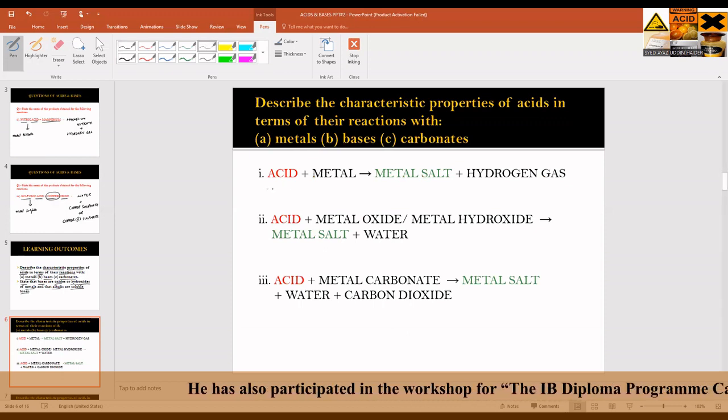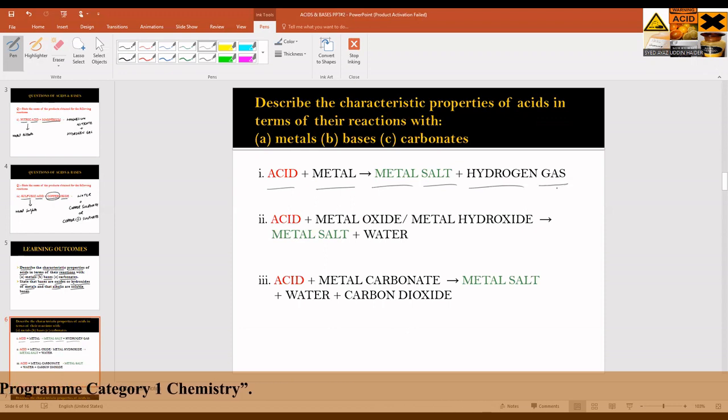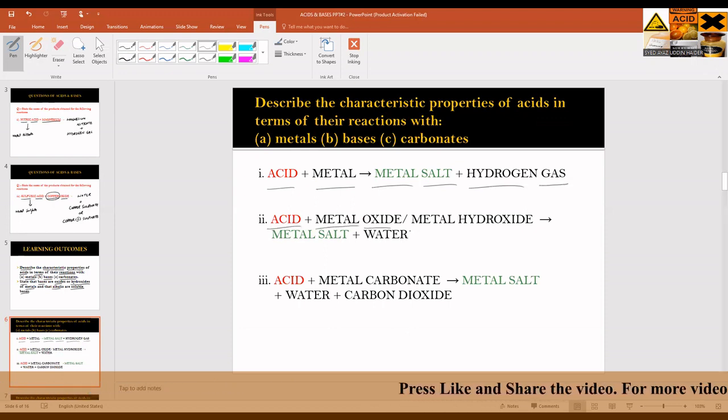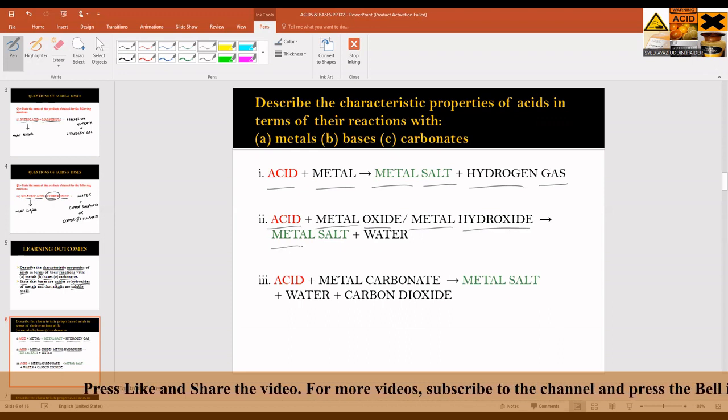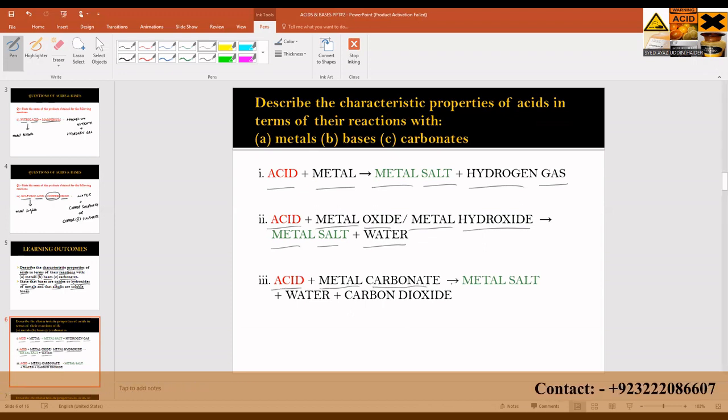For example, whenever acid is reacted with metal, you will get metal salt plus hydrogen gas. And when acid is reacted with metal oxide or metal hydroxide, you will get metal salt plus water. When acid is reacted with metal carbonate or even with metal bicarbonate, you will get metal salt plus water plus carbon dioxide.